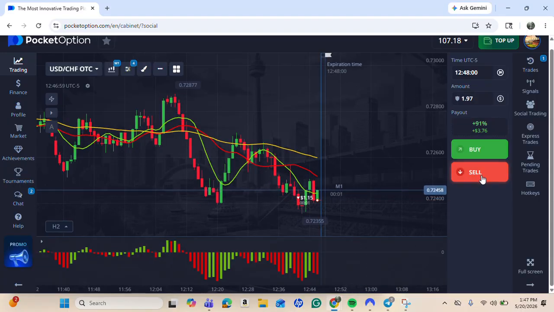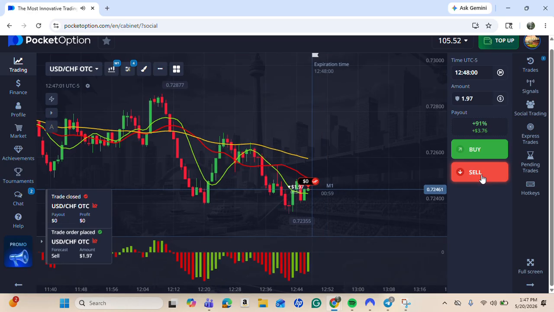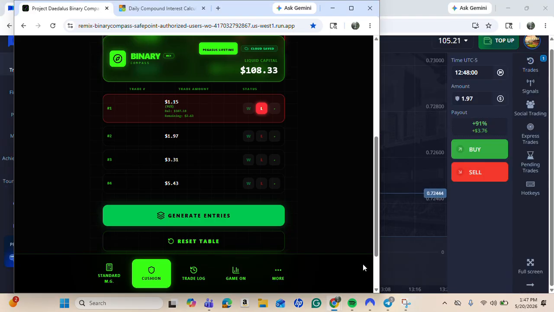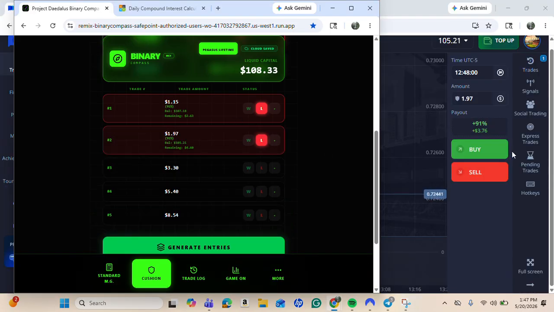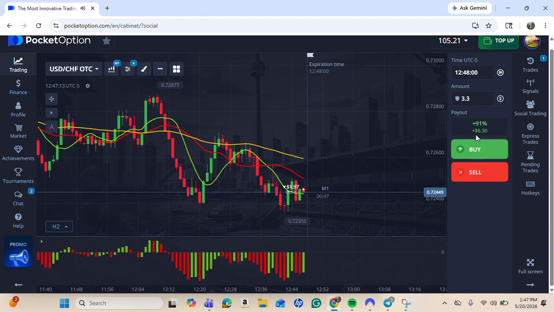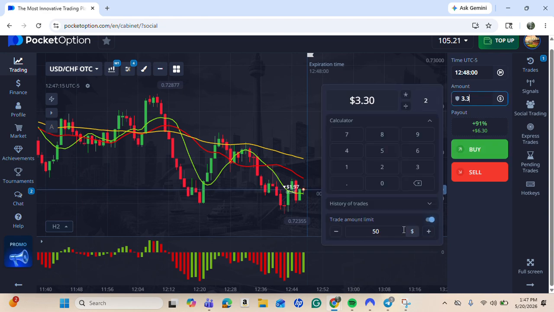Let's go for the second entry. Okay, alright, next entry. So L right there, 330. Also, when you're trading, make sure you set the trade limit. Always keep it on.